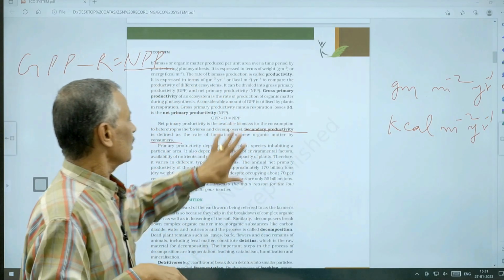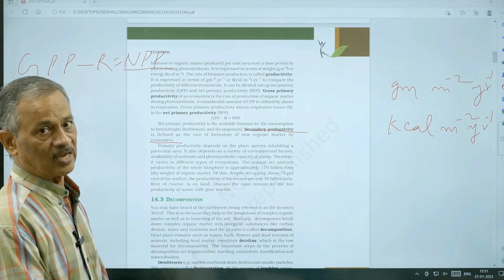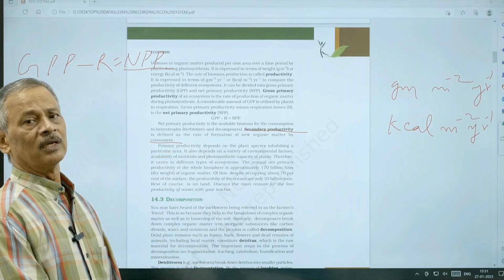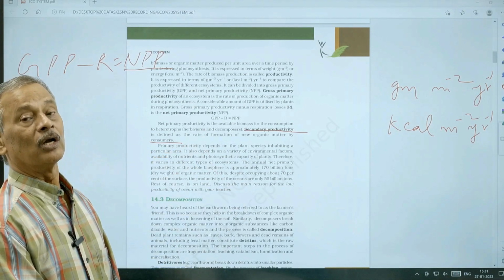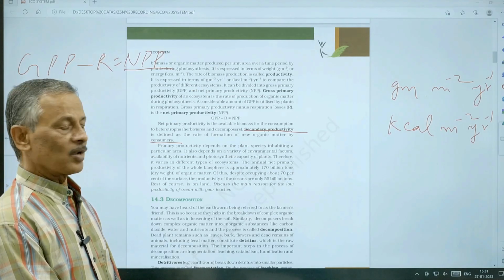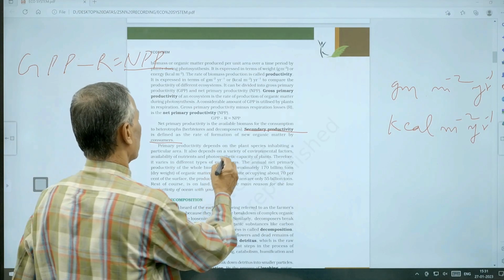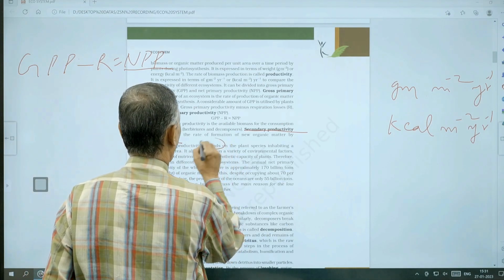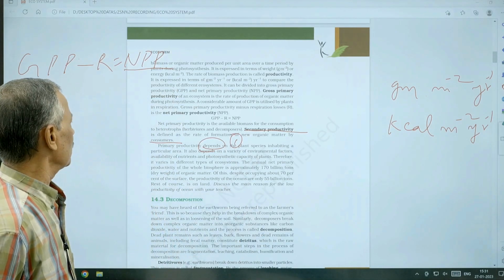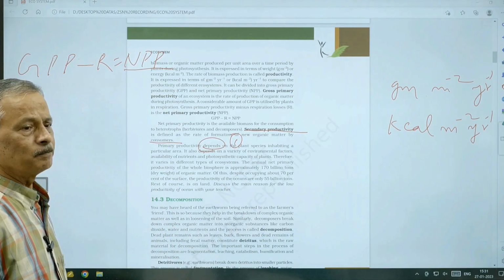So secondary productivity is lesser, and primary productivity is not the same in all ecosystems. Why? Because primary productivity depends upon, one, the plant species inhabiting any particular area.